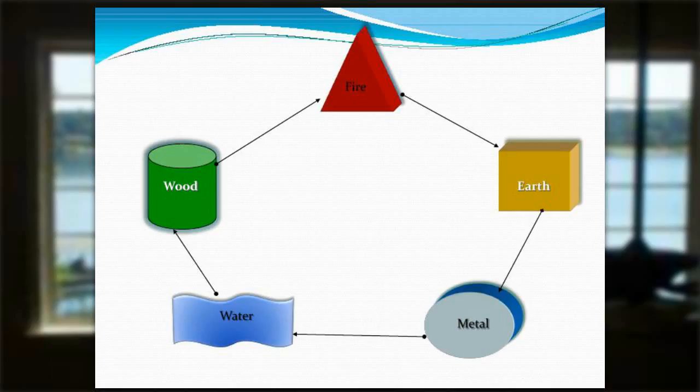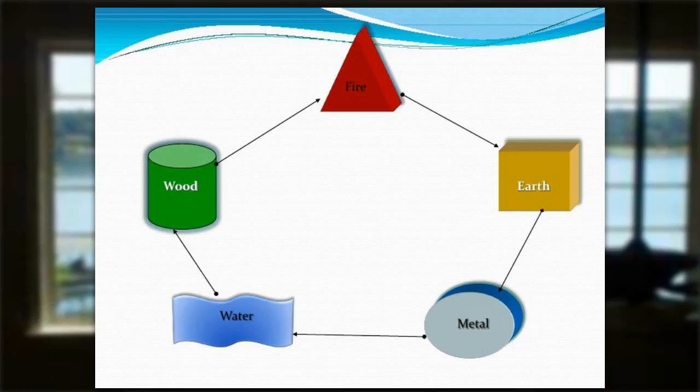So let's say I have an environment that is lacking water, but I don't want to bring in any water features, or I don't want to put a painting up on the wall that is a seascape. I can increase the metal, and therefore that would increase the water also. That's the constructive cycle, and it's used all the time in every feng shui school.